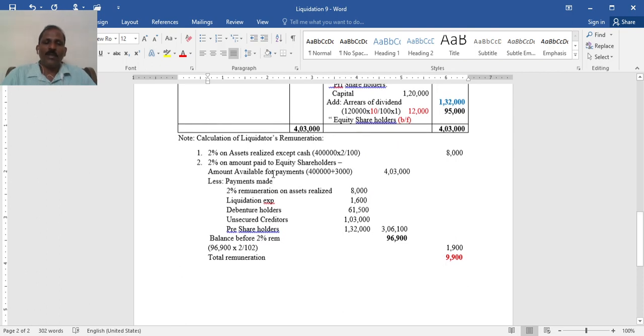So this calculation: first, liquidator's remuneration, 2% on assets realized except cash, is straight 8,000. Then 2% on amount paid to equity shareholders.